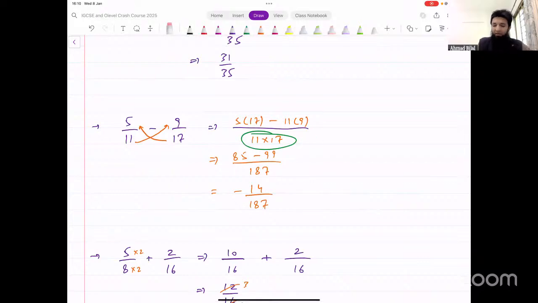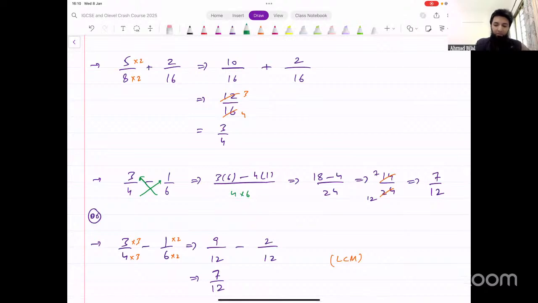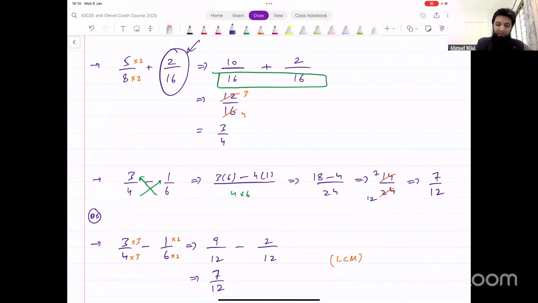And the other idea, a more efficient idea, is that you make the denominators the same in such a way that the denominator is the LCM. So you find the LCM of the denominators. In this case, for instance, the lowest common multiple was 16. So how can we make the denominator 16 for both fractions? For the second fraction, it's already 16.